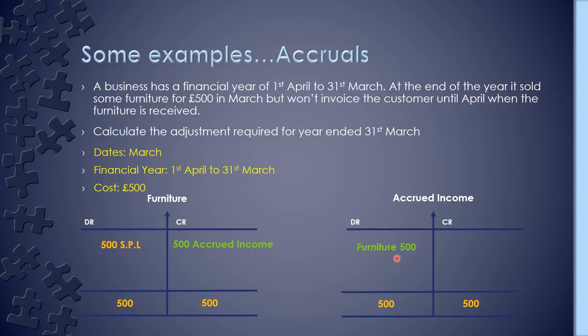And in the accrued income account, our total is 500 again. So we will then debit the statement of financial position, and that will be the other side to that entry. So these are the adjustment figures for your financial statements when you're producing those year-end accounts.